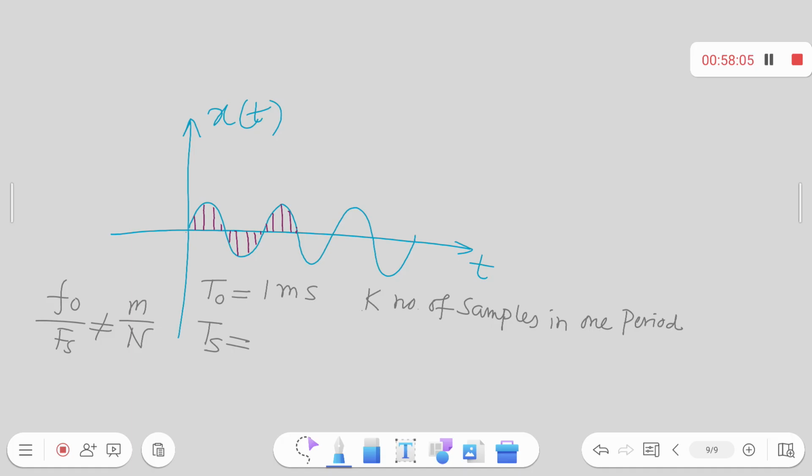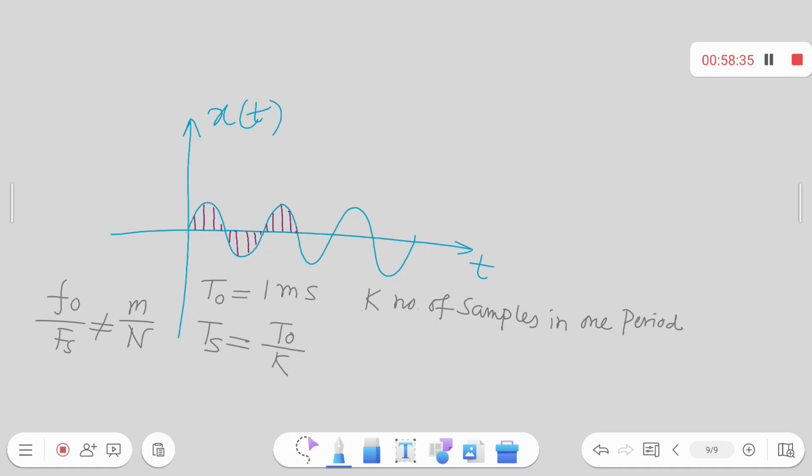Total duration is T naught, and you take k number of samples, then Ts is T naught by k. The first sample will be taken at 0, the next at T naught by k, then 2 T naught by k, 3 T naught by k, 4 T naught by k, and ultimately k T naught by k, that means at T naught.